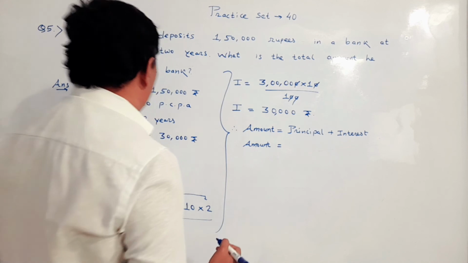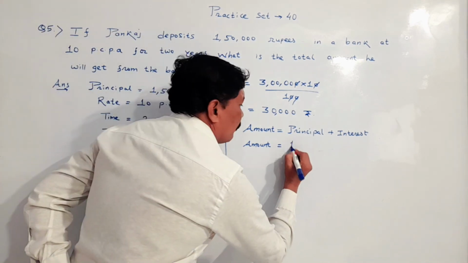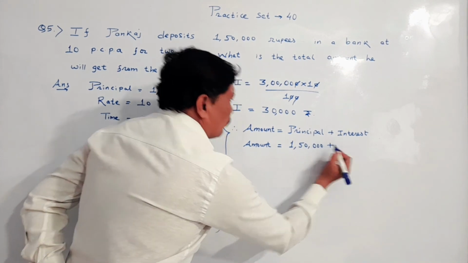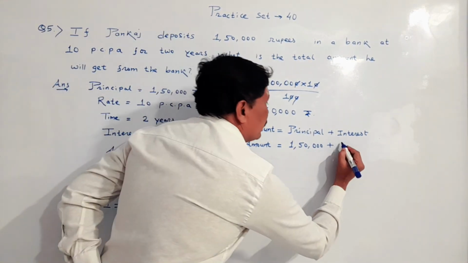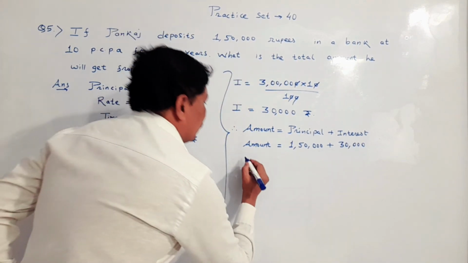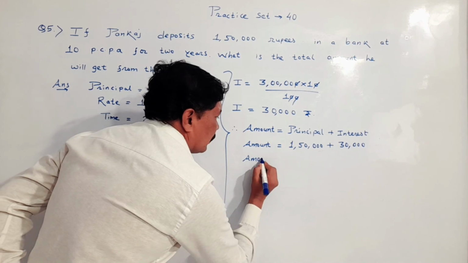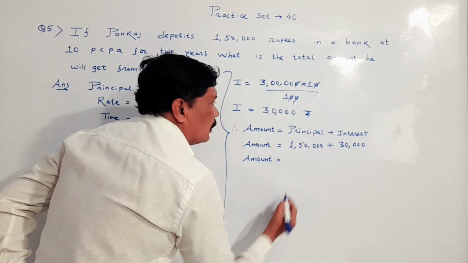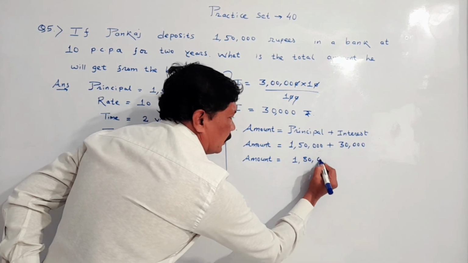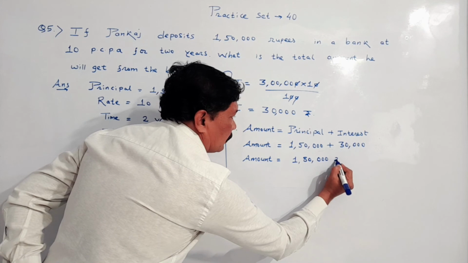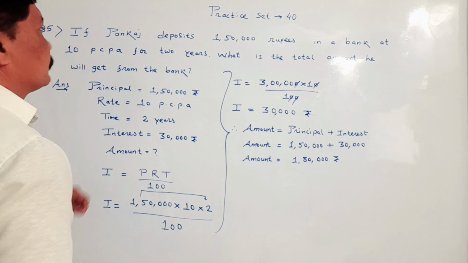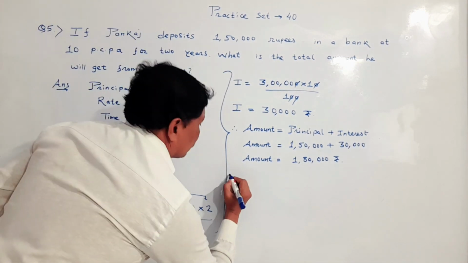Amount is equal to principal is 1,50,000 plus interest we have found out, it is 30,000. So amount is equal to 1,80,000 rupees. Answer.